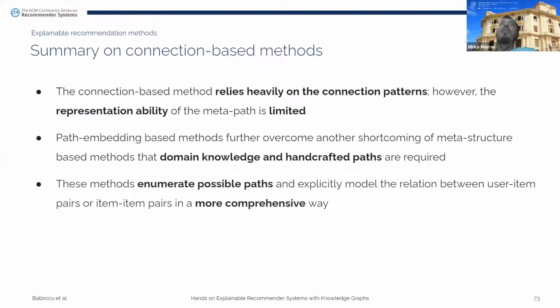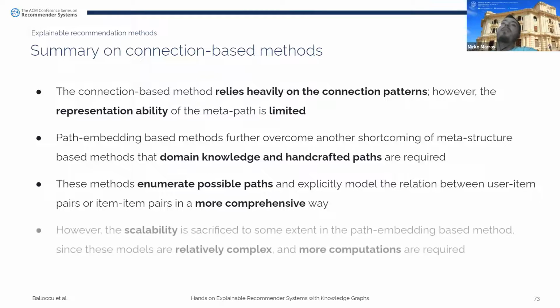These methods enumerate possible paths and explicitly model the relations between user-item pairs and item-item pairs. However, the scalability is sacrificed to some extent in the path embedding-based methods, since these models are relatively complex and more computations are required in enumerating paths and learning representations.